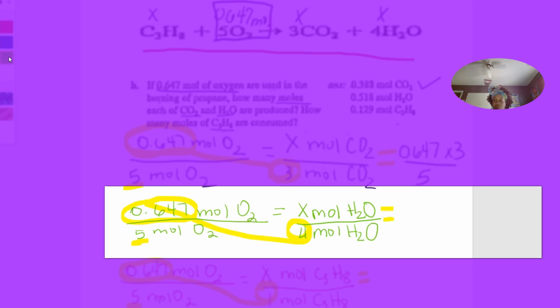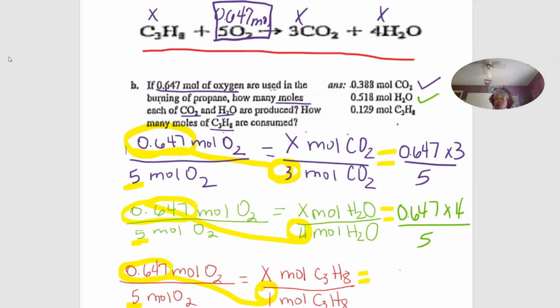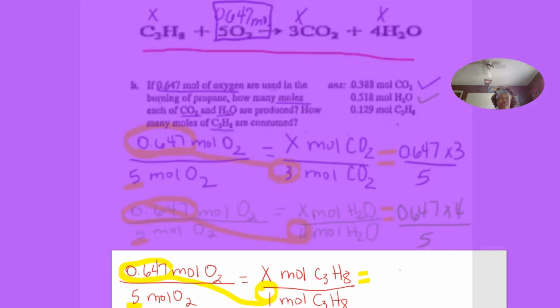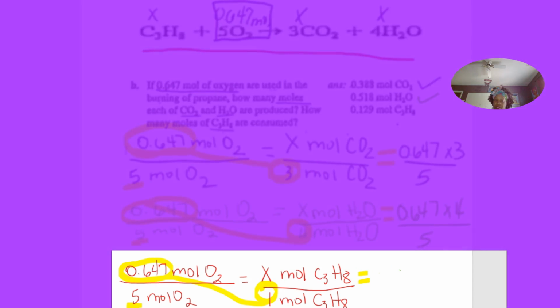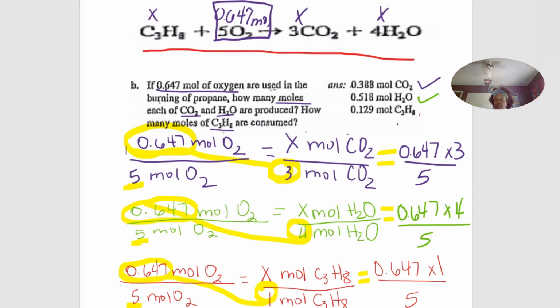Again, we take the 0.647 times 4 divided by 5, and that's going to give you 0.518 moles of water. And then the last one, I'm going to do the same thing: 0.647 times 1 divided by 5. So again, you will get this as your final answer. Nothing to it, guys. Nothing to it.